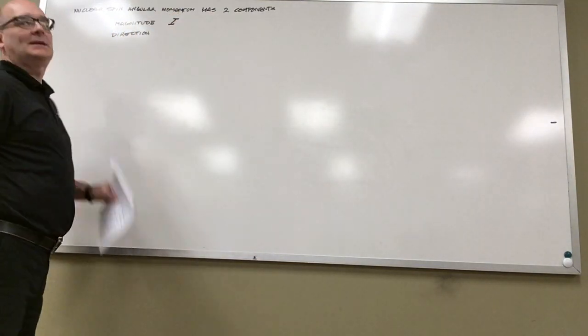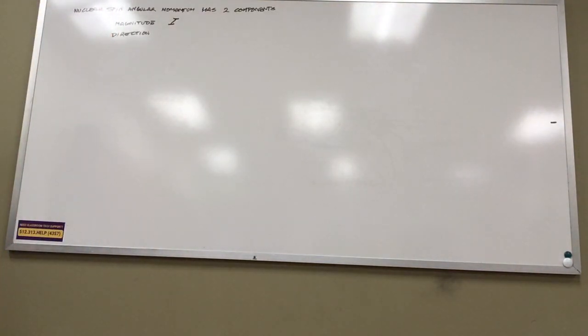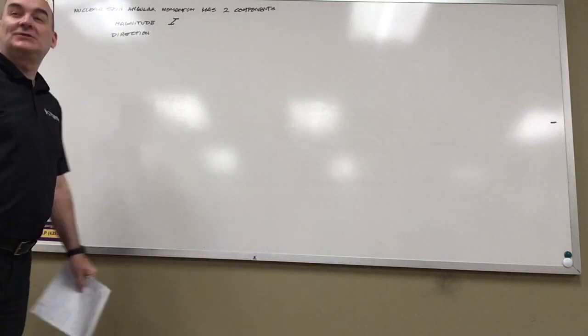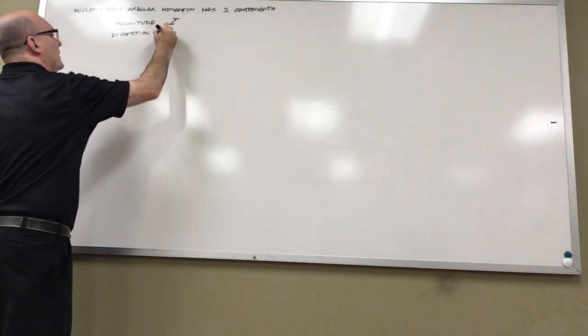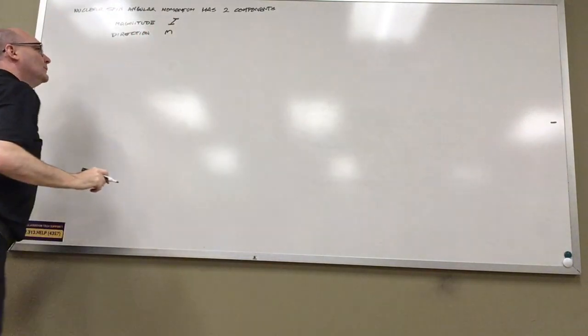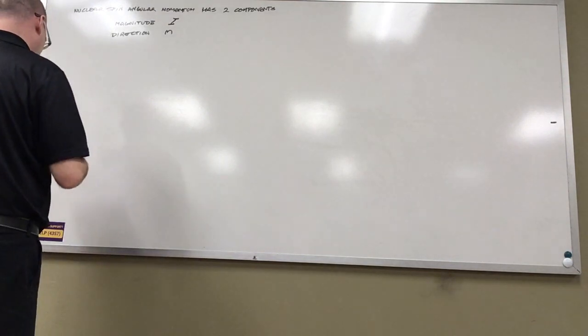Magnitude is the italicized I that we were talking about before. It's written in some descriptions as an L. And then direction, which we're going to give as an M. And when I collect the M's together, I'm going to call them mu's. But we can just go with M for right now.